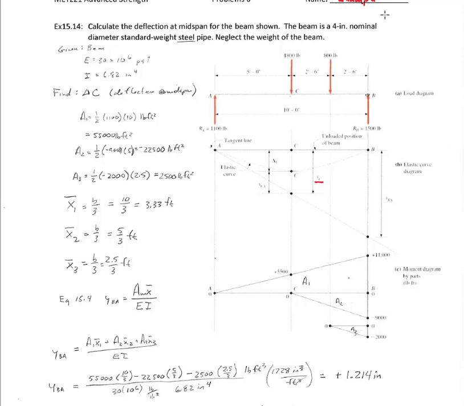Okay, we're going to consider the moments about this point B here, in which case we've got 1, 2, 3 forces causing moments about B. Okay, so the first one, the reaction at A. That reaction A is 1,100 pounds. Multiply it by 10 feet, I get 11,000 pound-feet. And it starts at 0 here, and it goes up to that point.